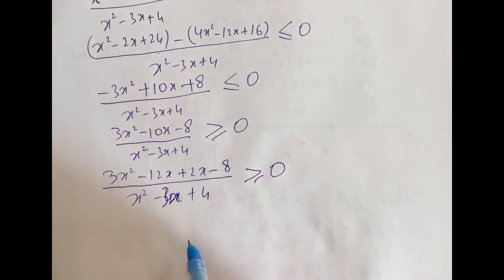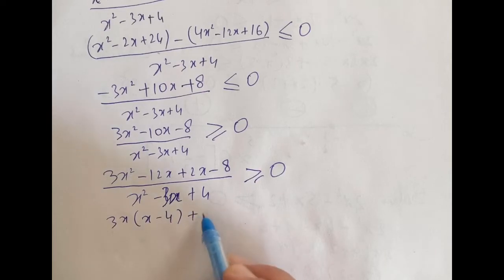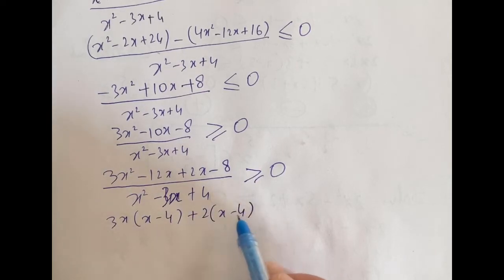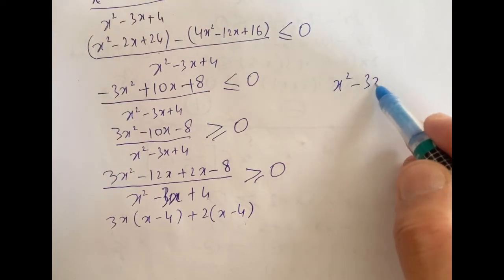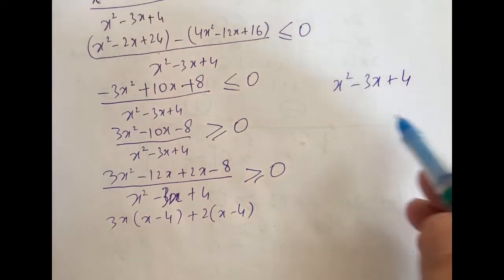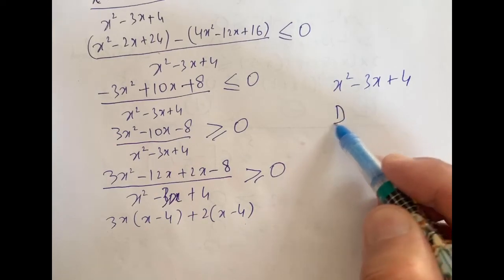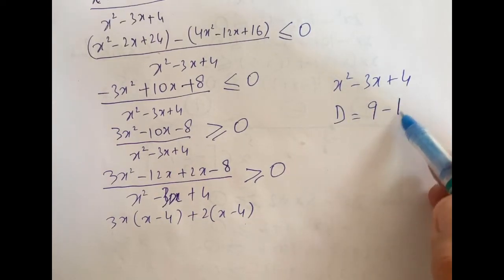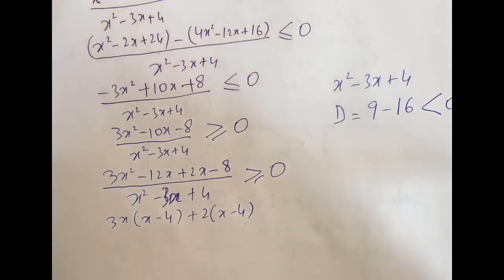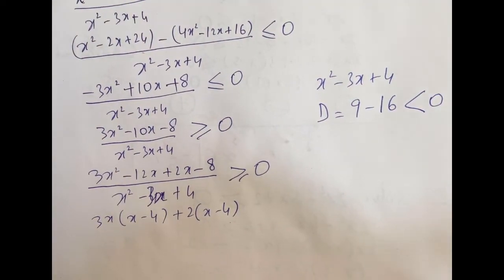Now factors of numerator, we take 3x common, it's x minus 4, 2 common, it's x minus 4. And what about x square minus 3x plus 4? This is with discriminant of b square minus 4ac, which is negative, so there will be no factors.